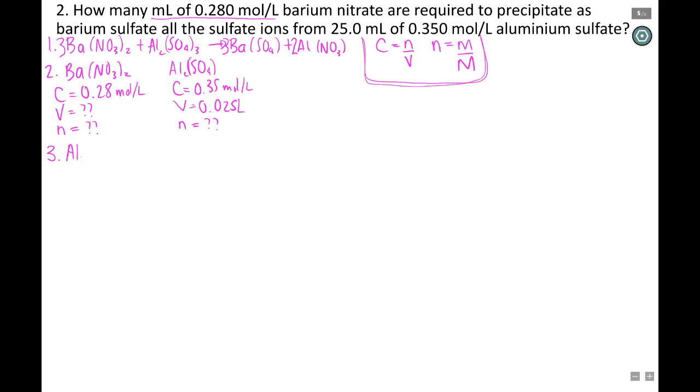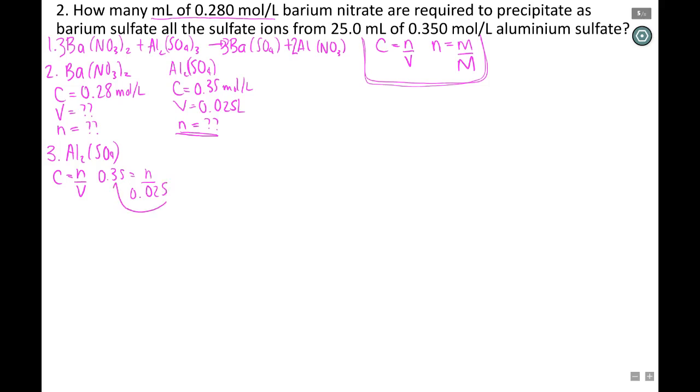So starting with our aluminium sulfate, we want to work out our missing component, n. To do that, we use the equation c equals n over v. Now we know c, which is 0.35, equals n over 0.025.